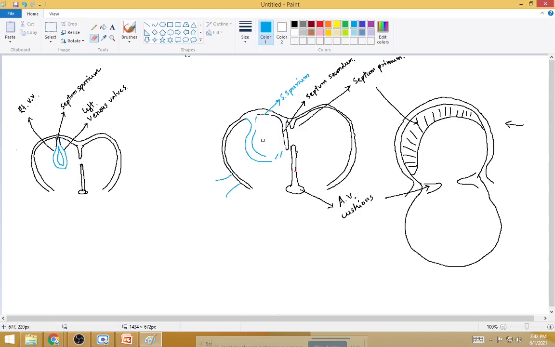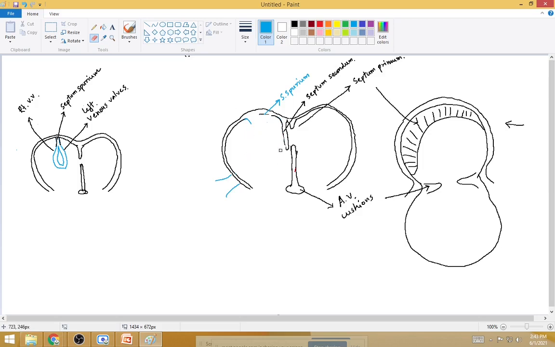Okay, so there is no septum spurium, it has gone and got fused with the septum secundum. So the fate of the septum spurium as well as the left venous valve is that they get fused with the septum secundum. So there is no more septum spurium, and over here what is left is the right venous valve.